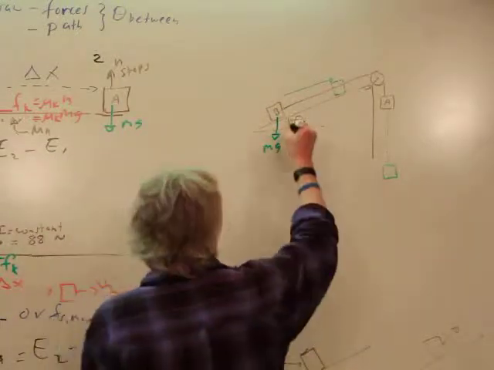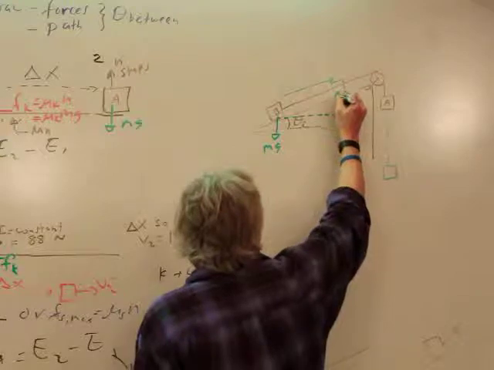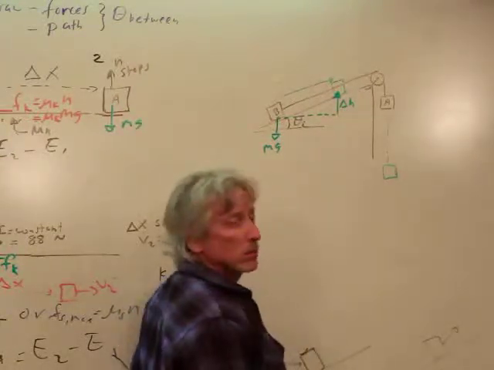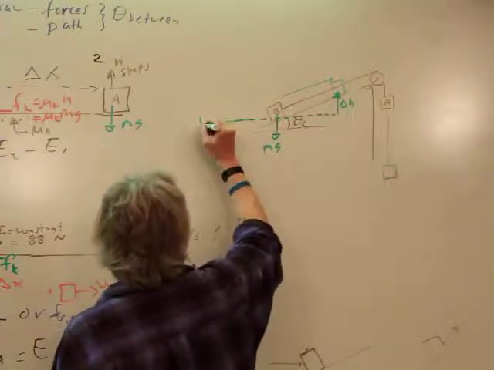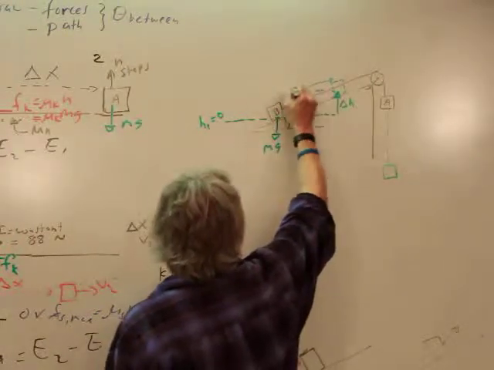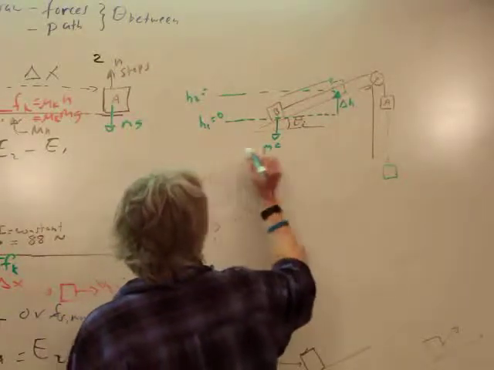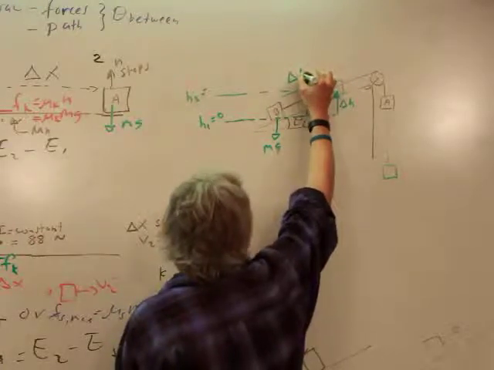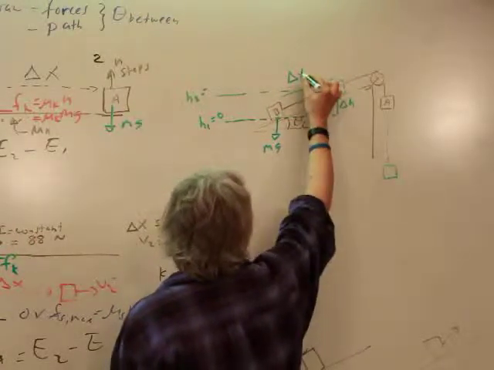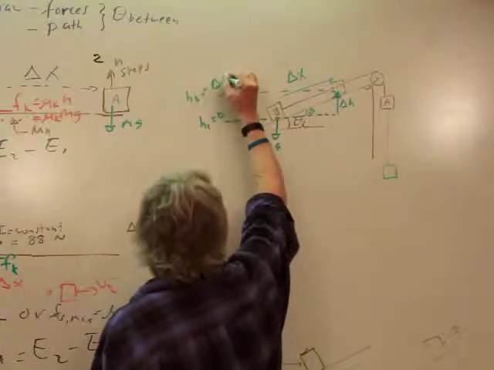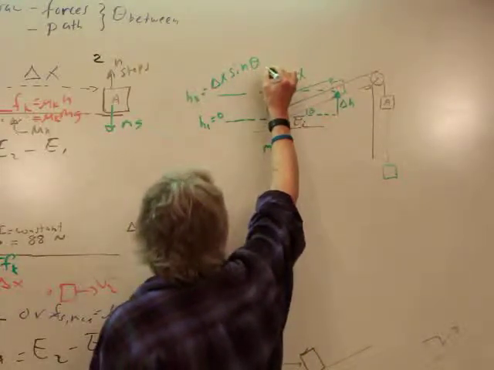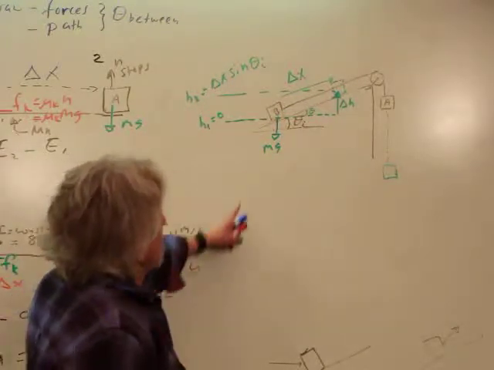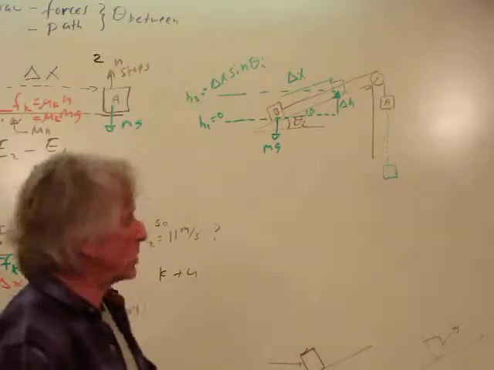I'm just going to look at the fact that B goes up delta H. So maybe I say H1 is 0, H2 is equal to delta x sine theta, the incline, something like that. So mg is handled by looking at potential energy change, right?